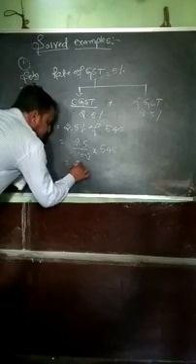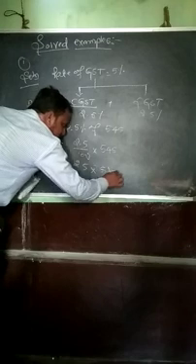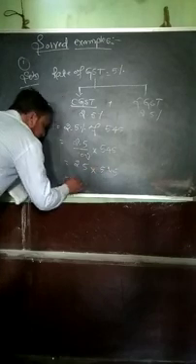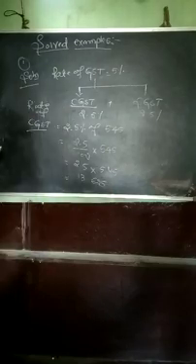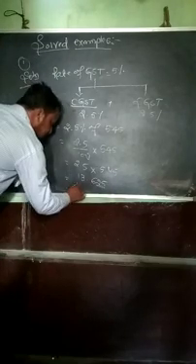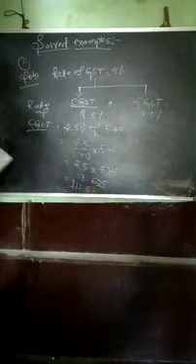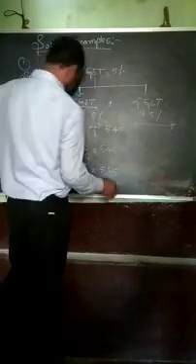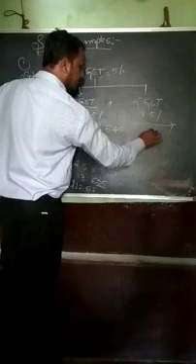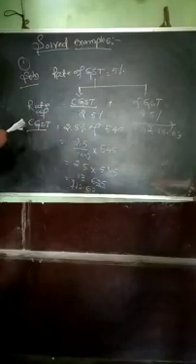This is 2.5 divided by 100 into 545. You multiply, you get 13.625, or you can directly write 13.63. In SGST also it is the same, rupees 13.63, calculated the same as 13.63.